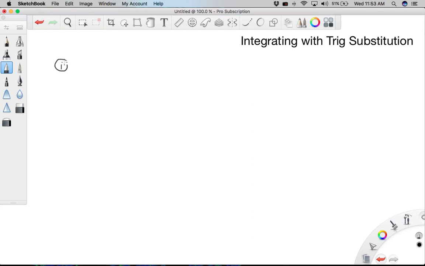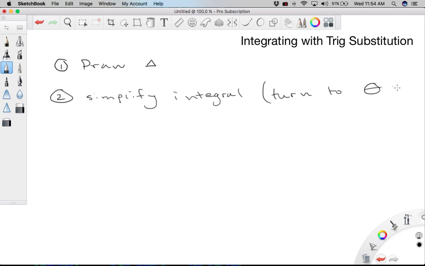Step 1 is to draw a triangle. Step 2 is to simplify your integral. And by simplify, I mean we're turning it into something with theta. 3, you go ahead and do the integration with theta.